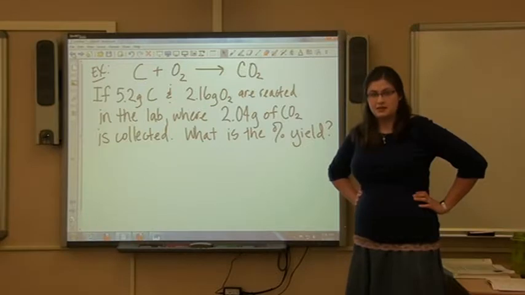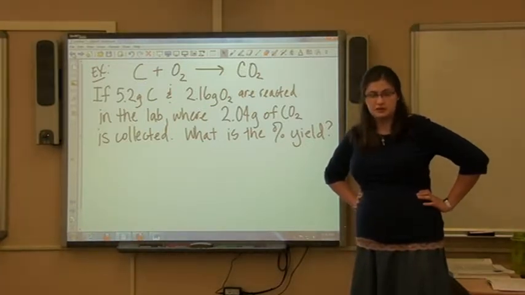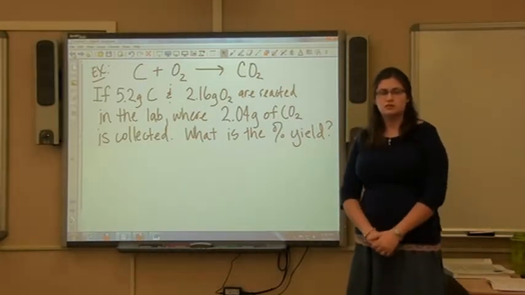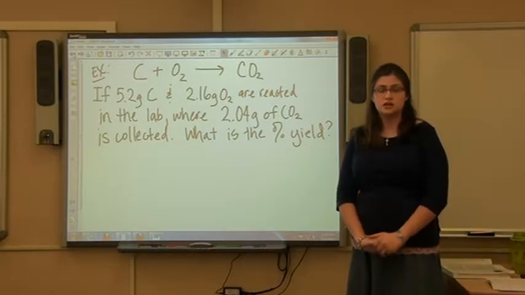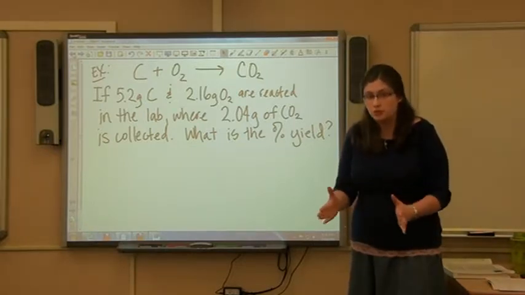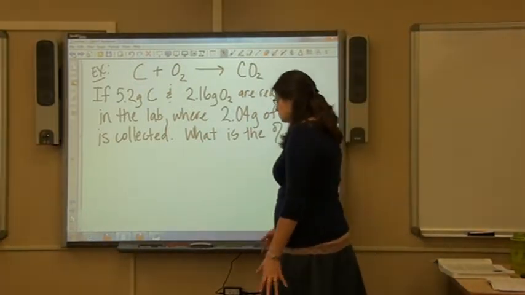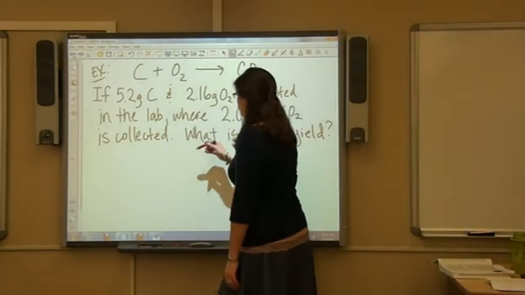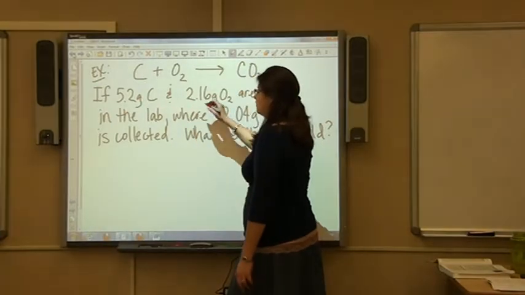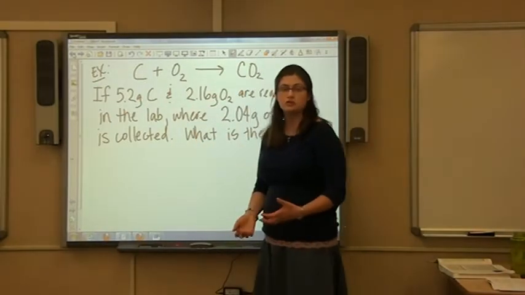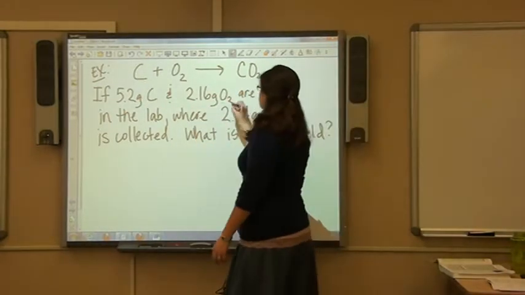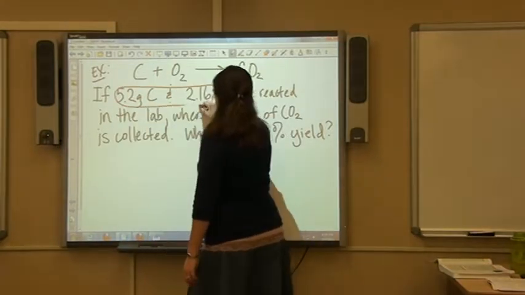Okay, there are several pieces of information here. Part of critical thinking is knowing what information is extraneous and what you should use at different points in your problem. So always take a look when you get these problems and try to identify where these amounts correlate to your chemical equation. These two things are reactants.